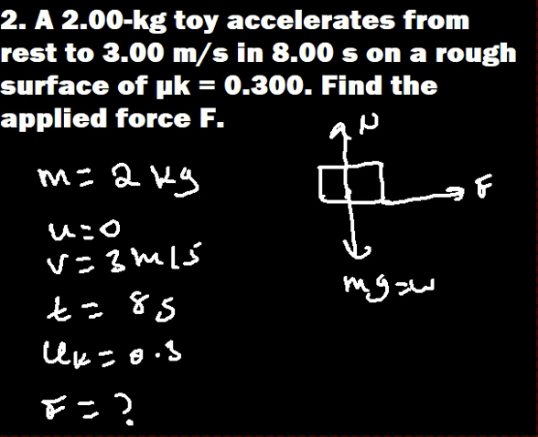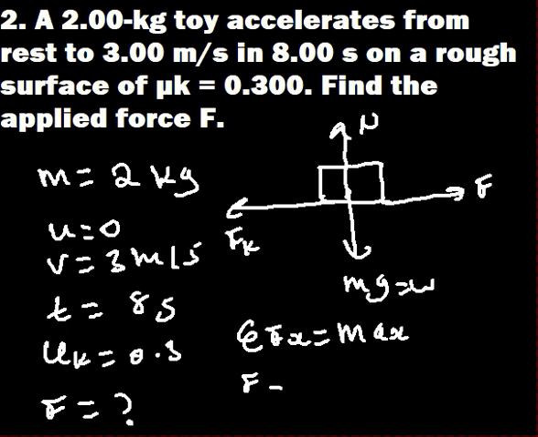Since it is moving, there is a kinetic friction force acting opposite. The motion is along the x-axis, so the forces along x are responsible for the acceleration: the force applied minus Fk equals mass times acceleration.